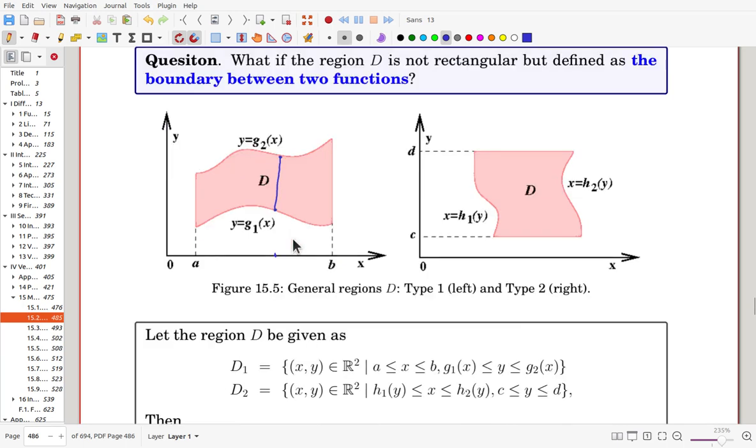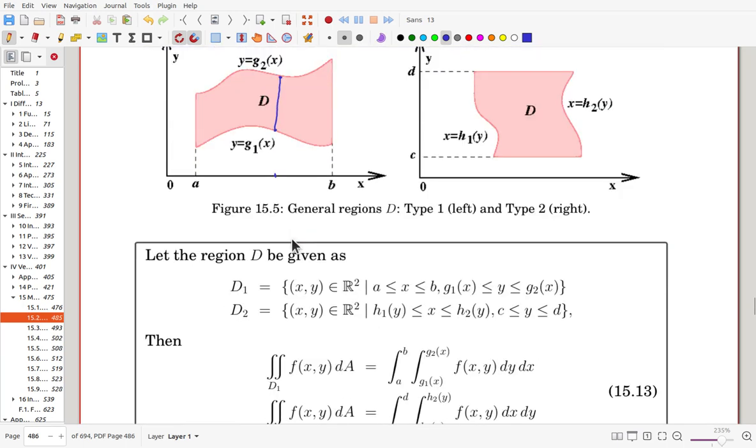So in this case, we may try to get the integral in this way. Now x is moving from A to B, so it's the outer integral. And for each x, y is moving from g1 of x to g2 of x. So that is the corresponding integral.